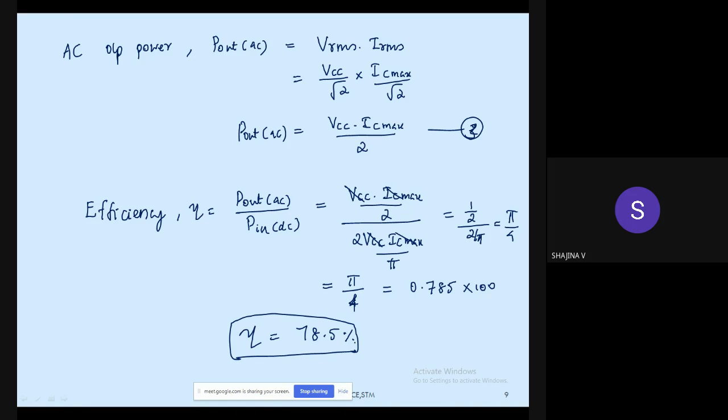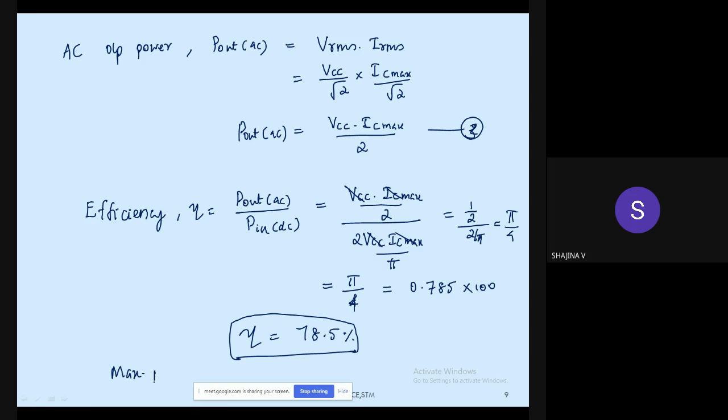Maximum efficiency means we have to convert the complete DC power into AC. So practically നമുക്ക് ഒരിക്കലും 100% efficiency possible അല്ല. There will be power wastage. So here we can obtain 78.5% efficiency.